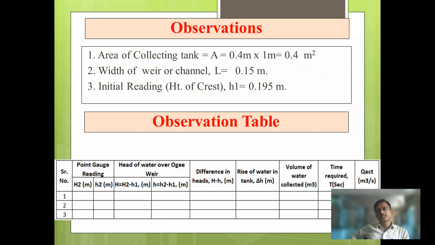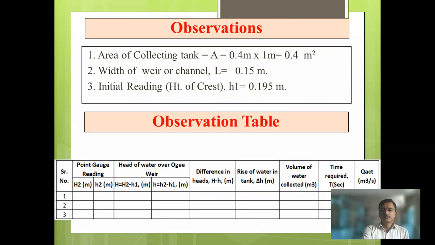Width of the weir or channel will be the same, L equal to 0.15 meter or 150 mm. Initial reading will be different from the previous one because the height of the V notch may be different from the rectangular notch or weir. So here the H1 reading is equal to 0.196 meter.